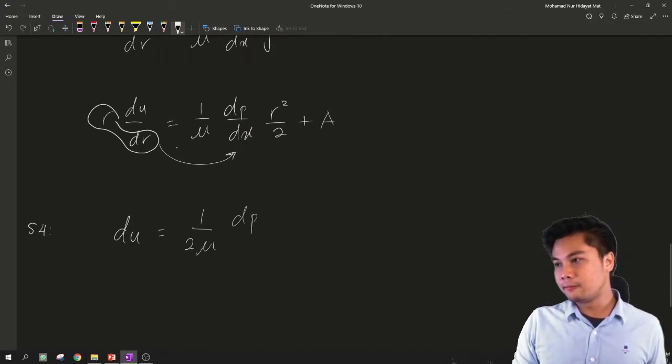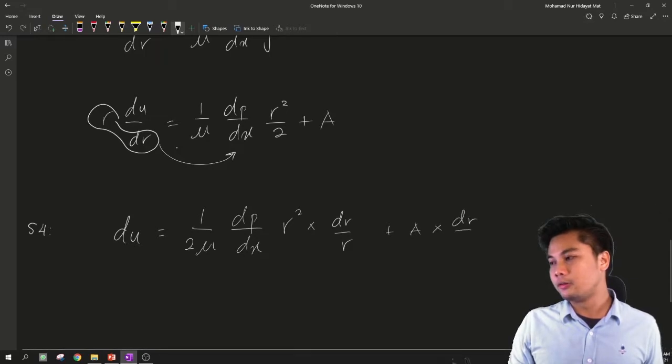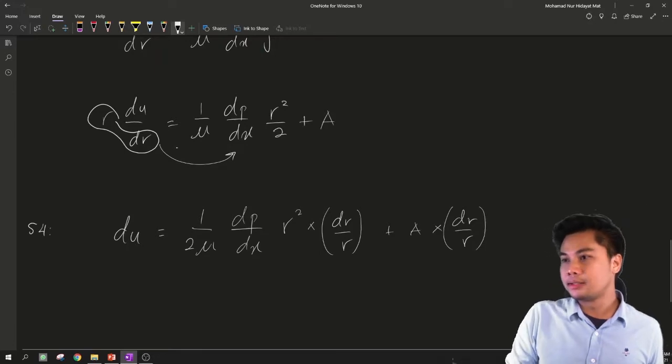We try to simplify: dp over dx, r squared multiplied with, r we go to the other side, dr over r, plus a multiplied with dr over r, because this is coming from this one.